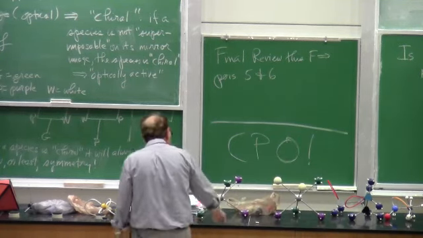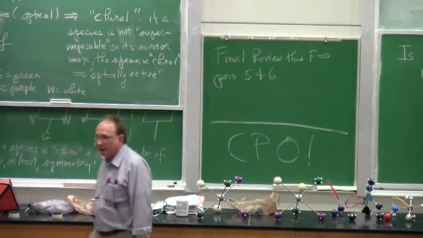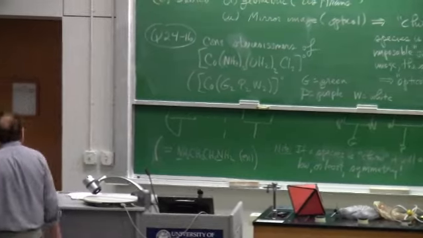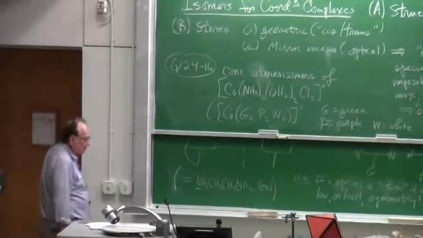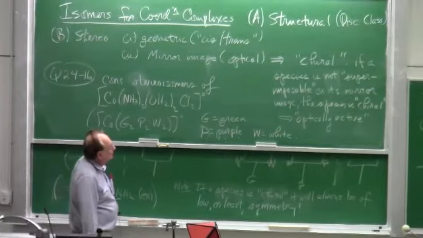That leads to an important definition, one which you're going to hear all the time in organic class, called chiral. I decided to put this as part of our conversation, even though it's not in the notes.